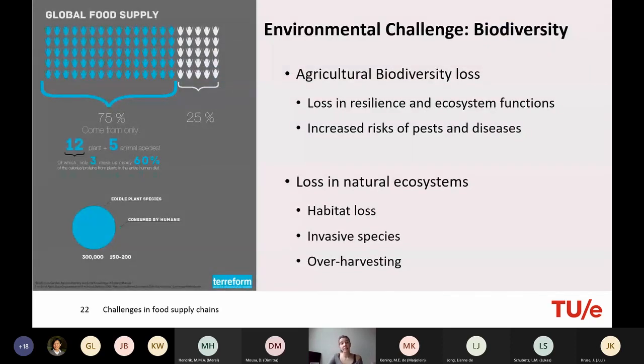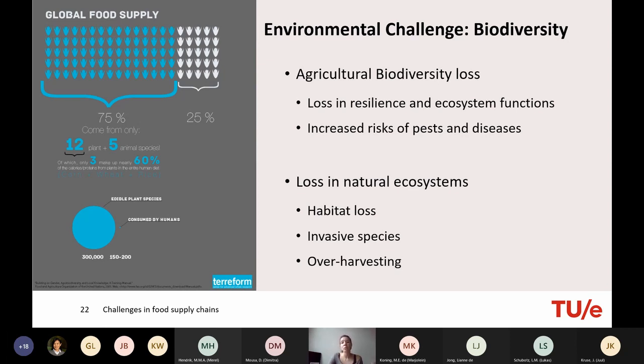Another challenge related to the land use is biodiversity. So basically, due to the loss of land and the destruction of ecosystems, we have a lot of loss in natural ecosystems and habitat loss. We bring invasive species into these ecosystems, which again destroy other species, and we overharvest or overfish, for example.